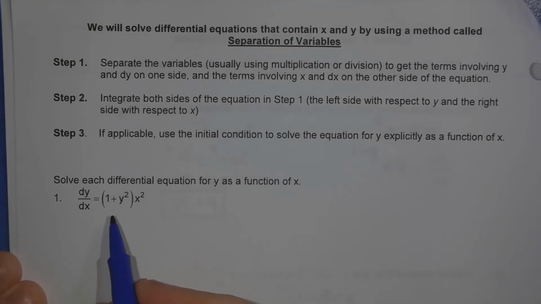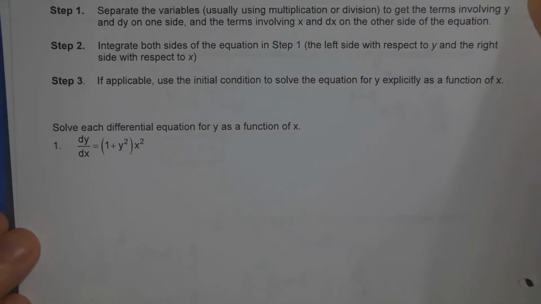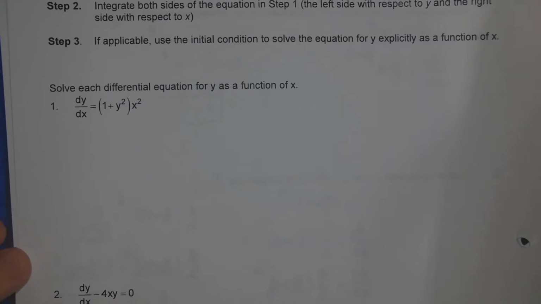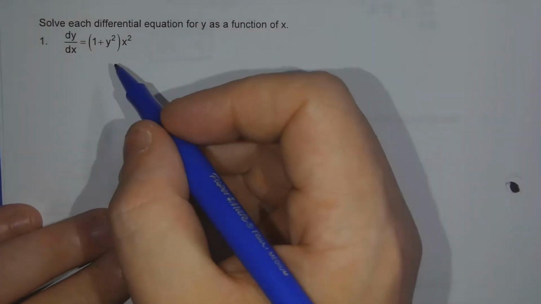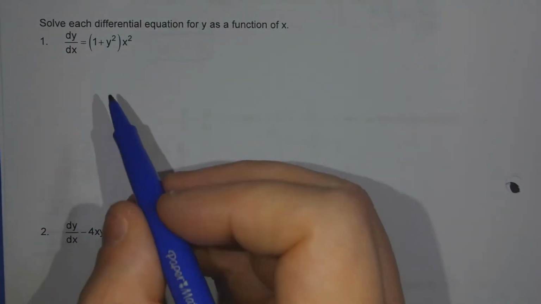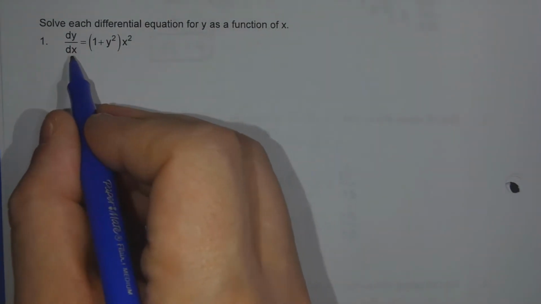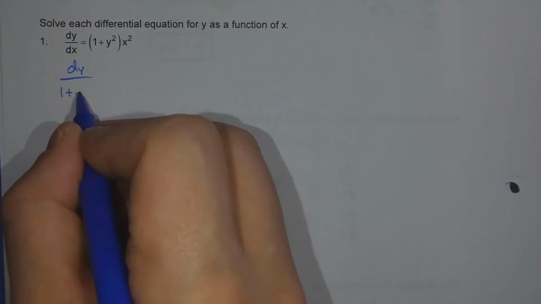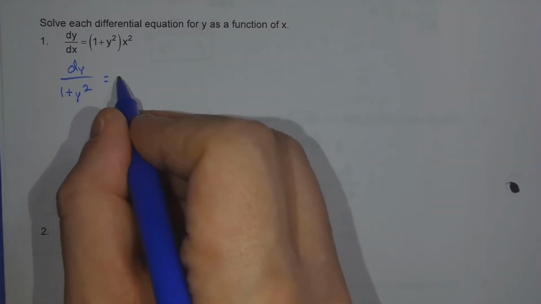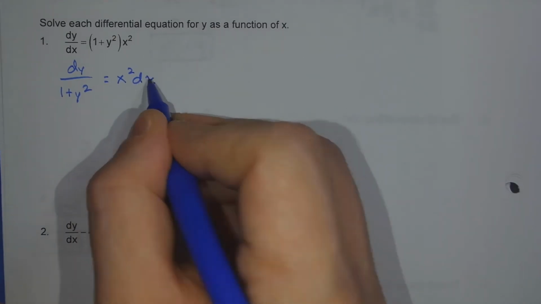So in problem number 1, we have dy dx equals 1 plus y squared over x squared. For this particular problem, if we wish to solve, we would look at it as dy over 1 plus y squared equals x squared dx.